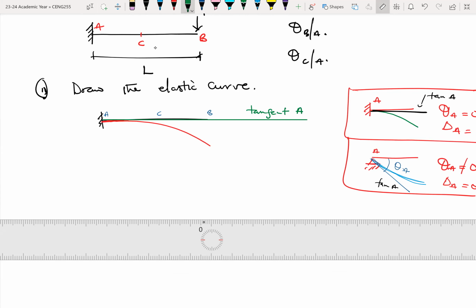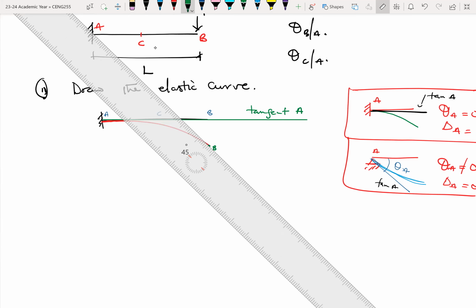And then the tangent at B. Now at B, we can also have its tangent. This is the new location of B because the beam has now undergone deflection.